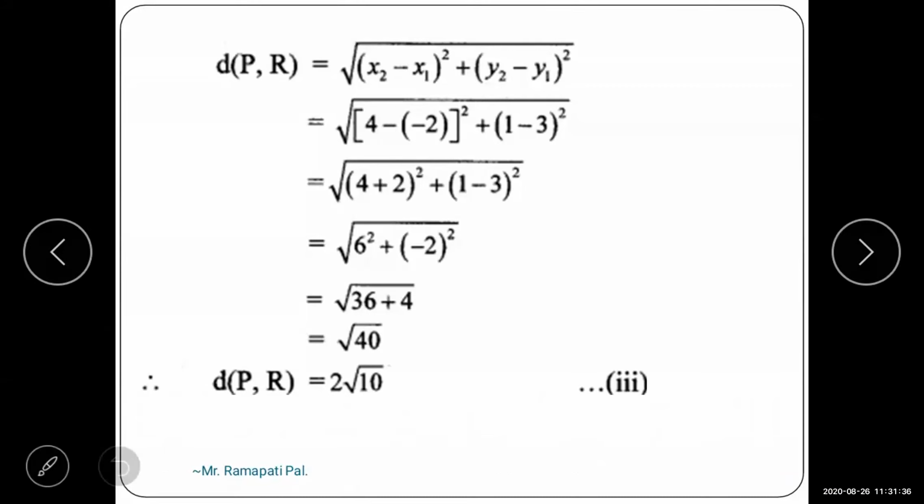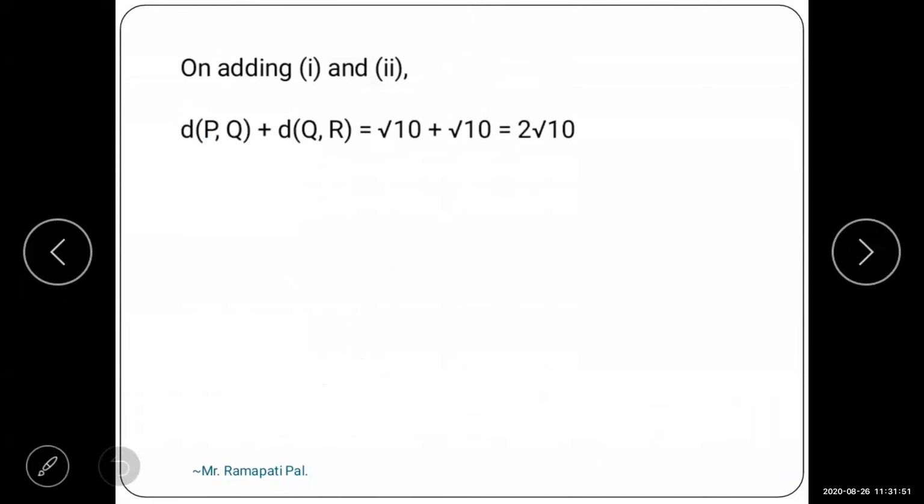This is equation number 3. Is it clear? Now from equations 1, 2 and 3, we will add equation 1 and 2. So we get distance PQ plus distance QR is equal to root 10 plus root 10, which is 2 root 10. Is it clear?